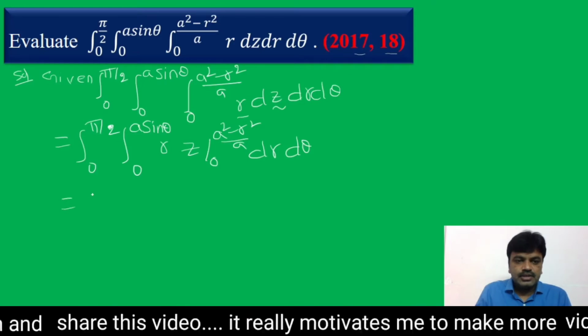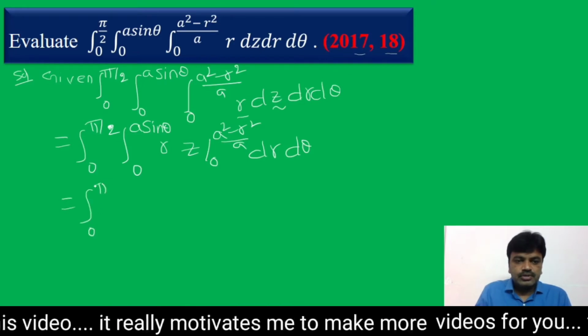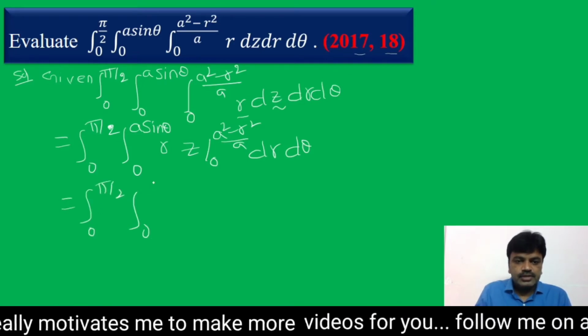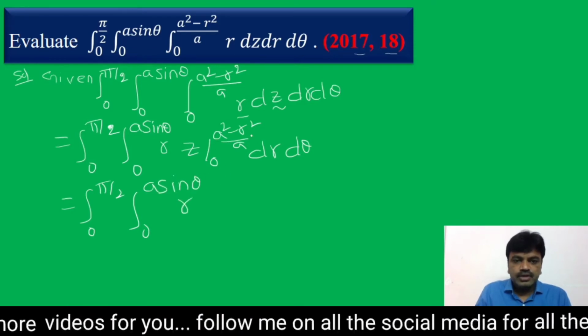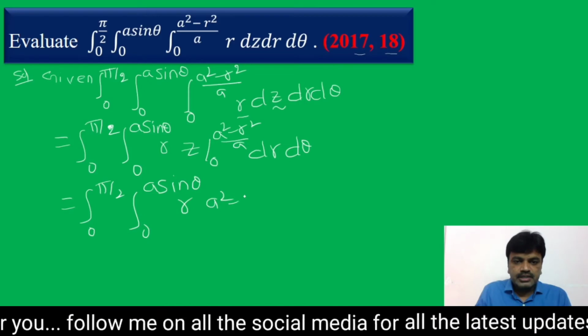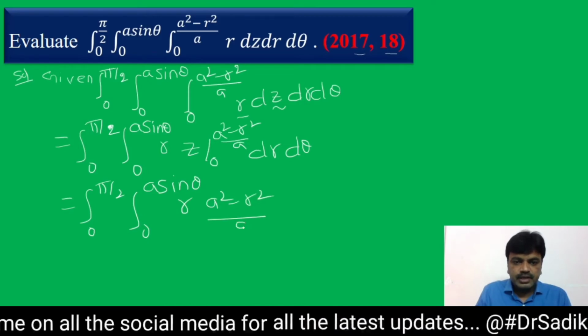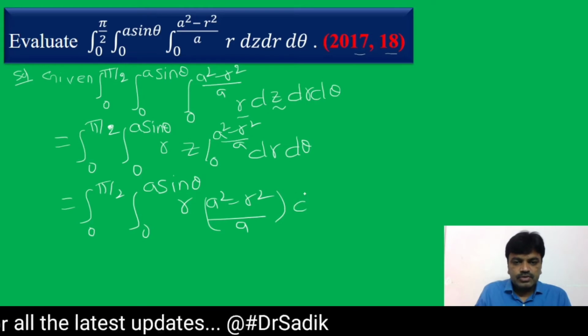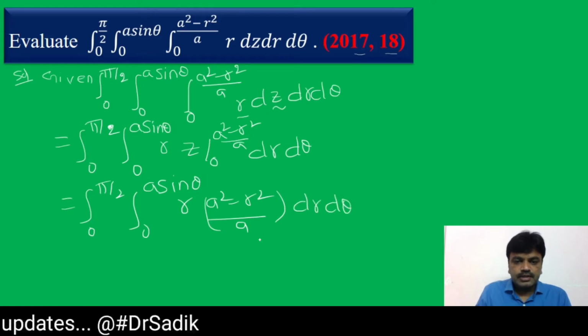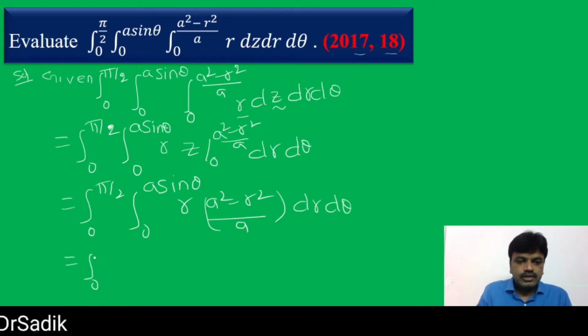So that is equal to integral 0 to pi by 2, integral 0 to a sin theta, r into, substituting the upper limit, we get (a square minus r square) by a. Substituting the lower limit, the value is 0, so into dr d theta.